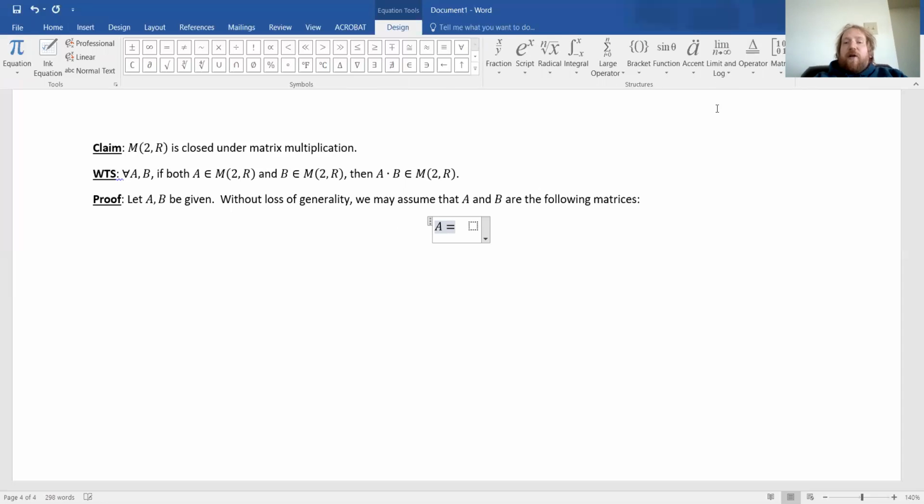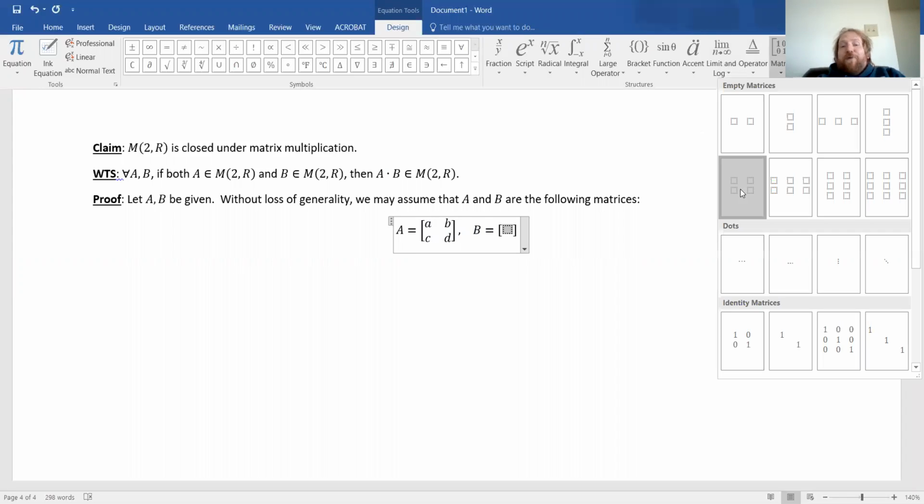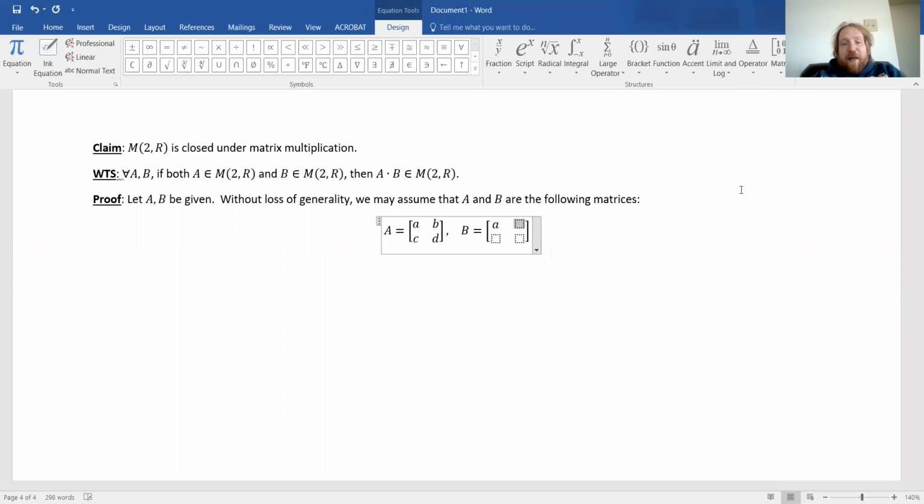A is going to be the matrix A, B, C, D, and B is going to be the matrix E, F, G, H. This is our convention that we always use, counting the entries in matrices as lowercase letters, starting at the beginning of the alphabet.